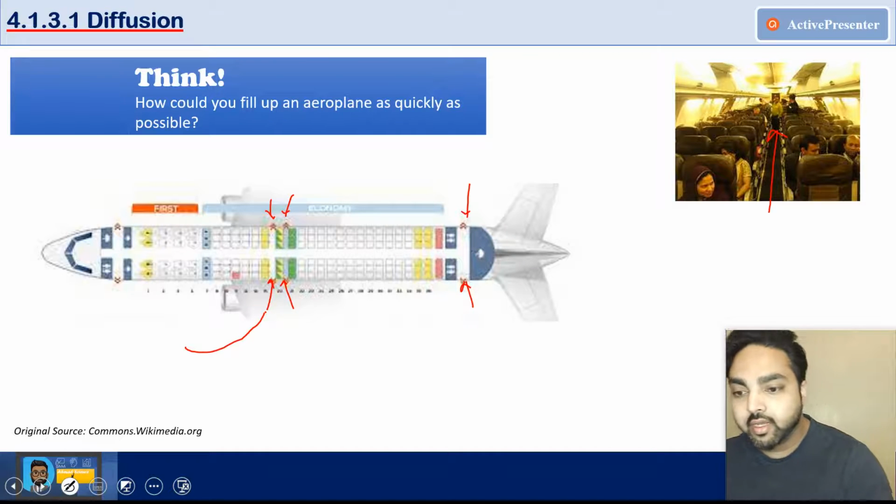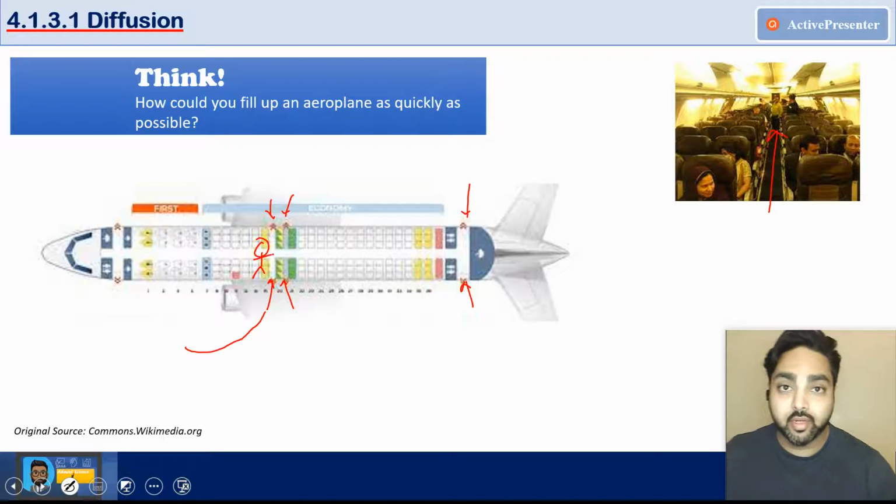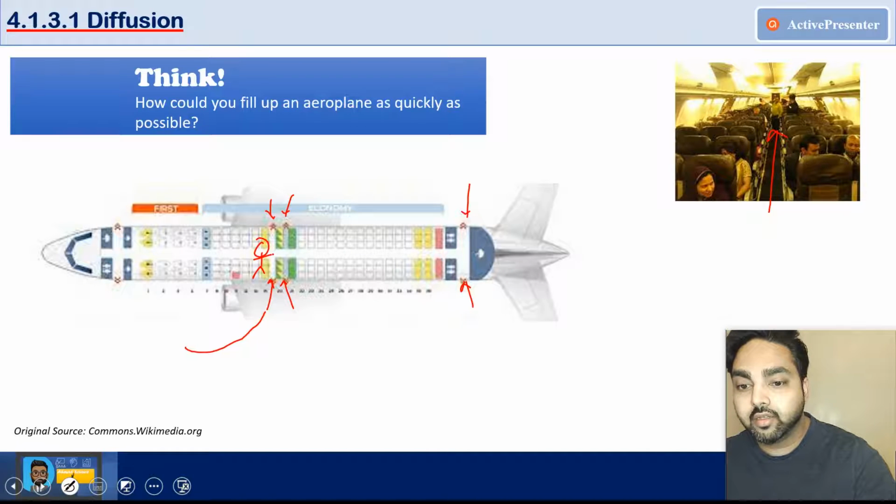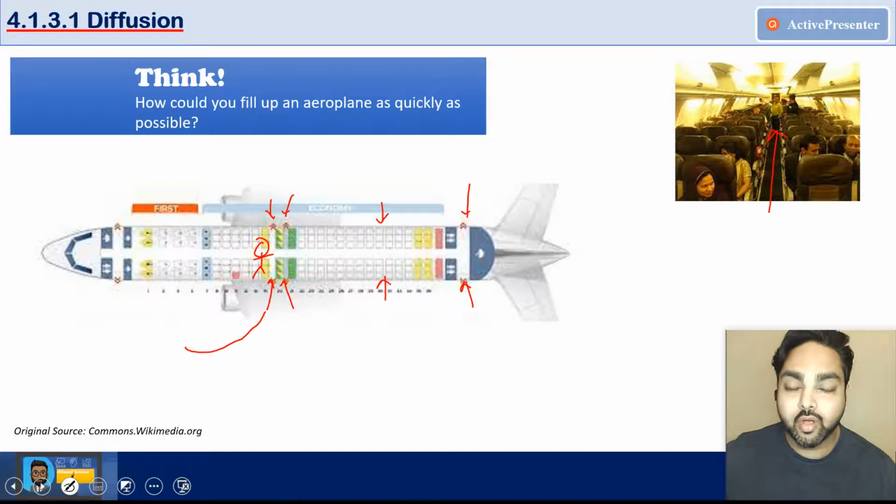Well, first of all, you need people here. Let's draw. Obviously, that person is much bigger than an actual plane. But you need people to keep ushering the passengers along. You need them to keep a steady flow of passengers down the plane so that they can find their seats. Secondly, another thing that you could do is you could actually have a couple more entrances.